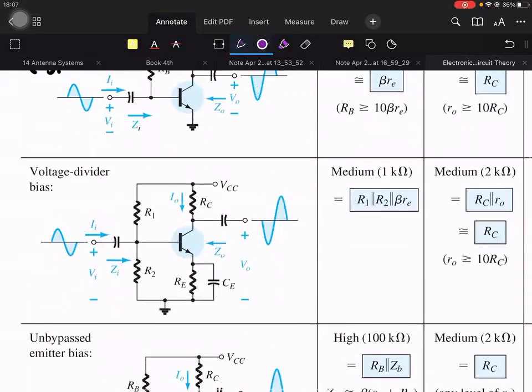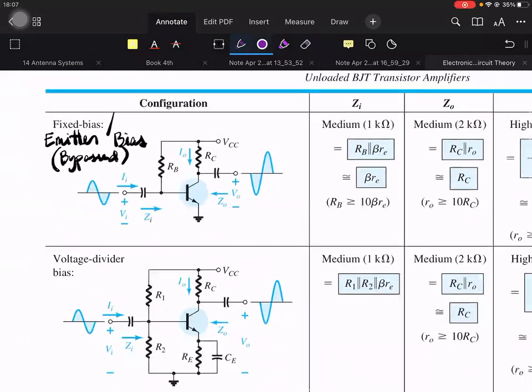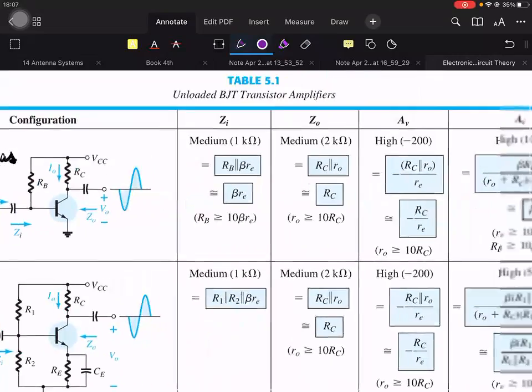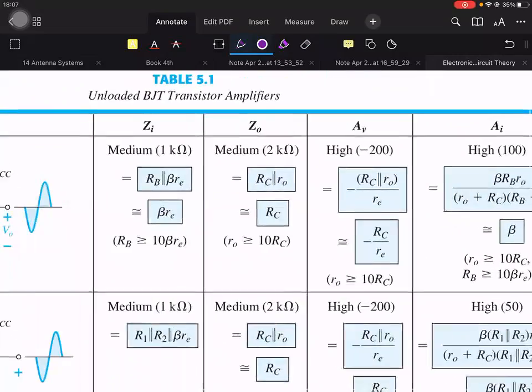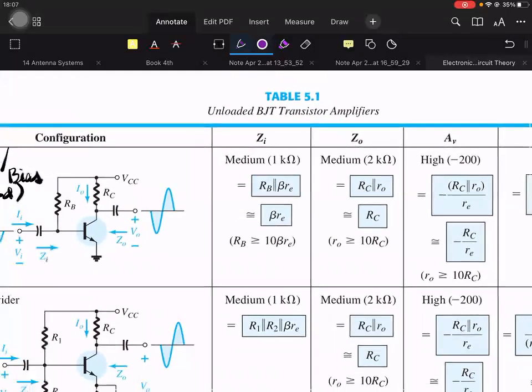So this will be for the voltage divider bias, and our voltage divider bias should have the capacitor CE. So these are the formulas, at least these three are the formulas for input impedance, ZI, output impedance, ZO, and voltage gain, AV.